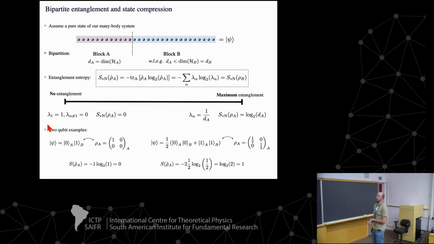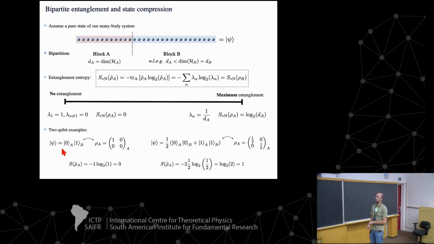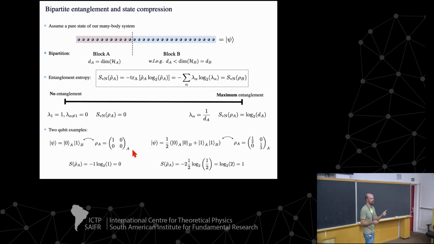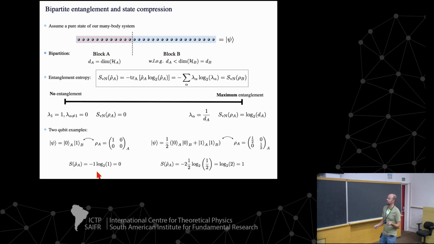Well, it's the one where I only have one eigenvalue, being 1, and all the other ones being 0. Just like in the example of the pure state, a product state, where my reduced state is just 1, 0. It only has one eigenvalue. It's fully defined. It has no entropy at all because I know exactly what my state is. And then you see easily, if you have one eigenvalue, this entropy is -1 times the logarithm of 1. This is going to be 0 because the logarithm of 1 is 0.